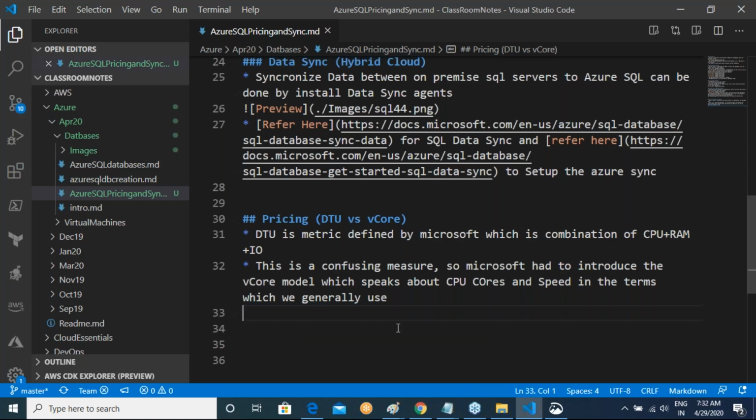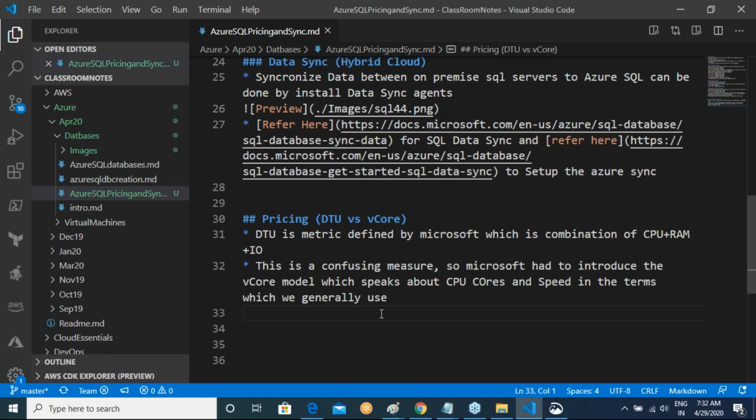We will deal with that in our next class. I'll continue this topic because I'll not be able to finish it in the next 5 or 10 minutes. I'll rather take questions. So Microsoft had a confusing measure called DTU, which many of the customers didn't like.